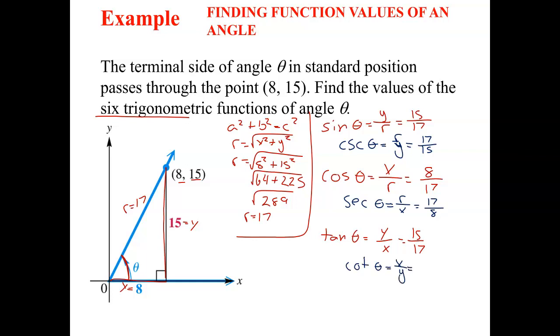So what's cotangent of theta? 8 over 15. And if you're asking yourself, really, is that it? Yes, that's pretty much it. We're just writing the ratios. We're going to use these ratios later to find angle measurements. We're just writing the ratios of the 6 trigonometric functions based on whatever situations we're given.